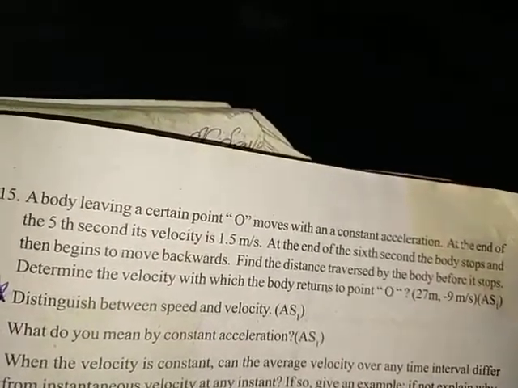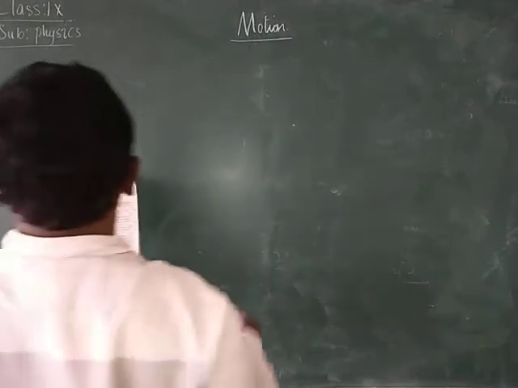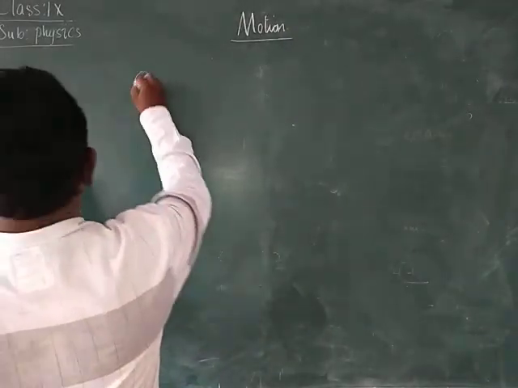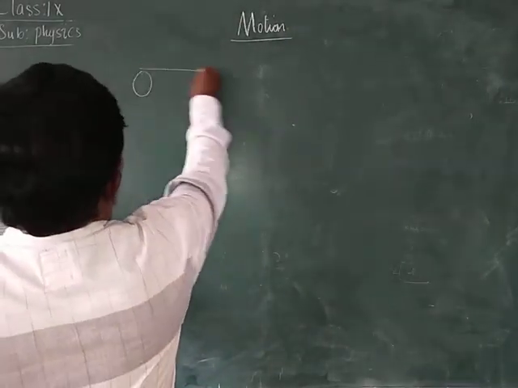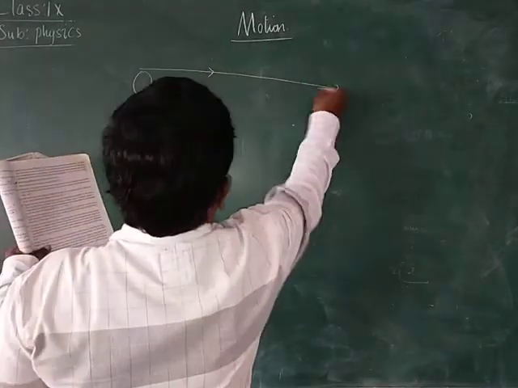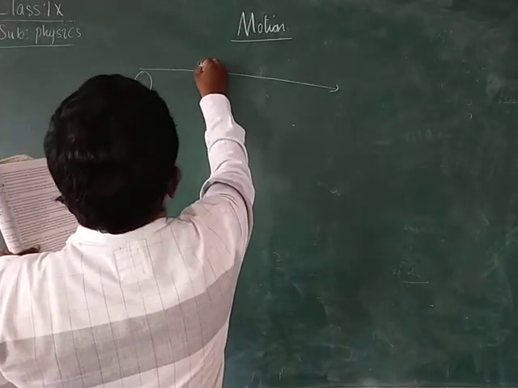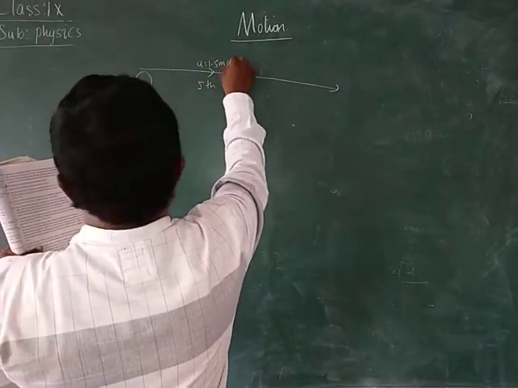Here, a body leaving from a certain point O moves with constant acceleration. At the end of the 5th second, its velocity is 1.5 meter per second.